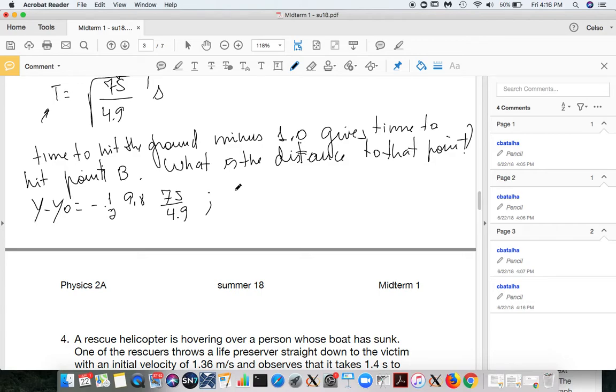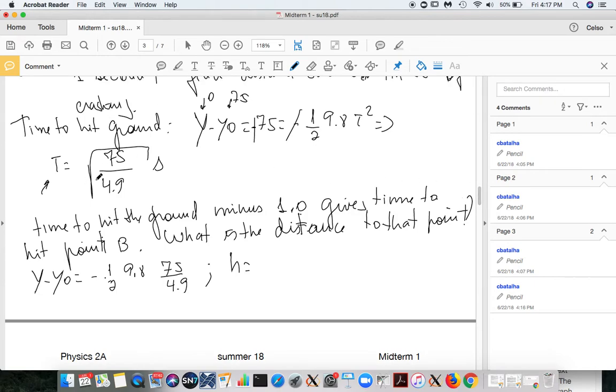So my height up to that point is equal, no, I'm sorry, this is not the time. This is the time to hit the ground. So the time to hit the ground minus 1.0. So this is t squared, square root of that, right?